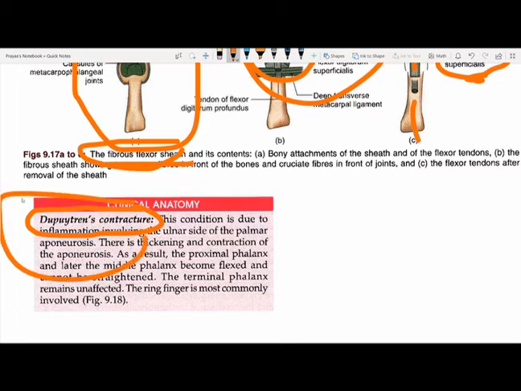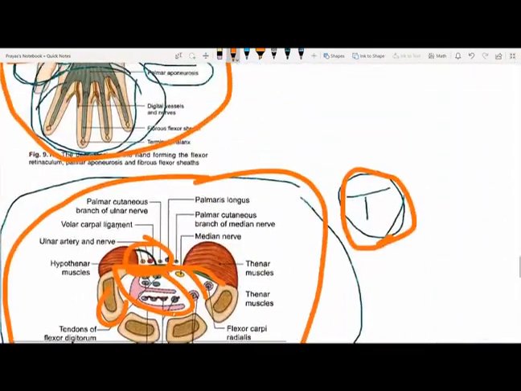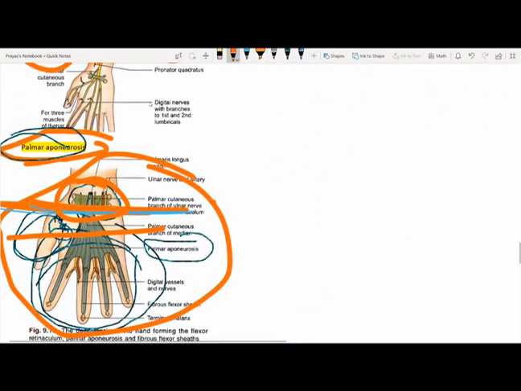This is basically a condition where this part of your hand, something called the palmar aponeurosis, is inflamed, and when it is inflamed, the blood vessels and nerves passing through this part get compressed.